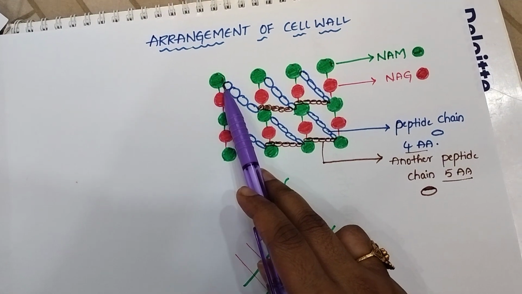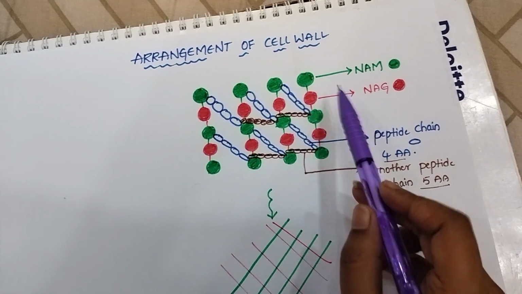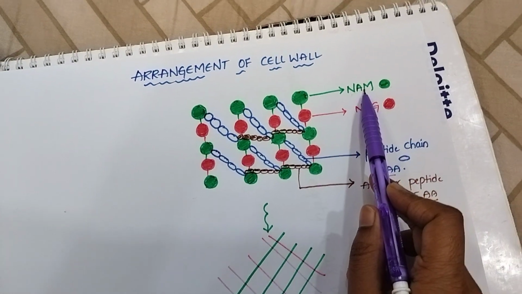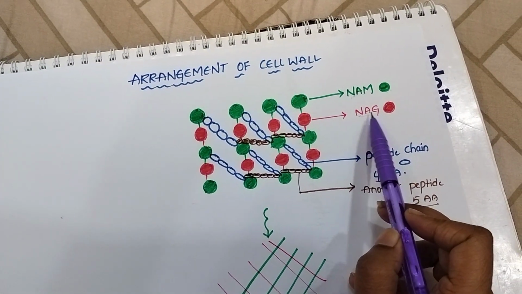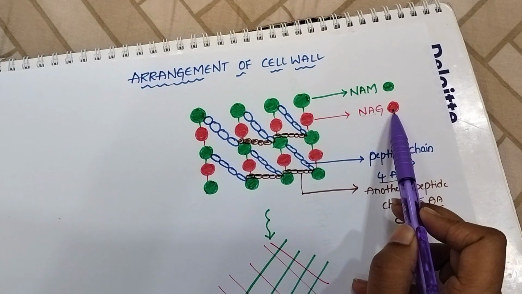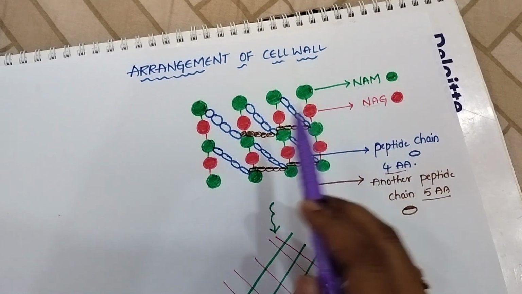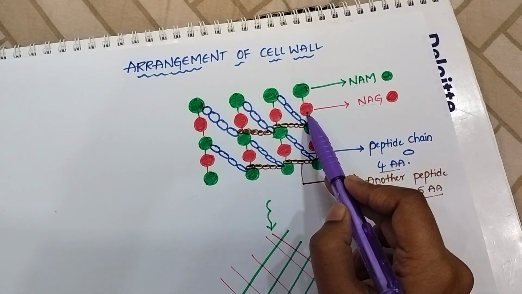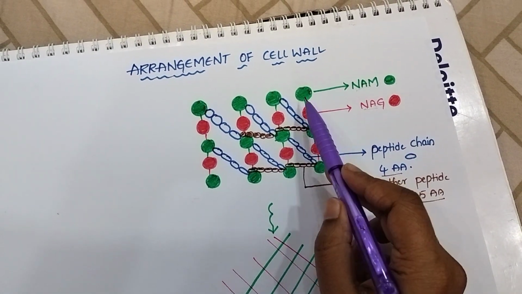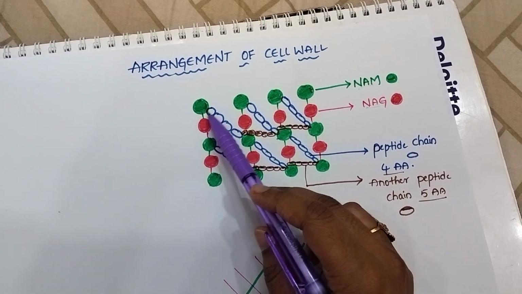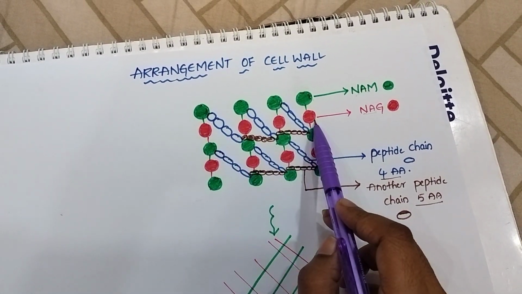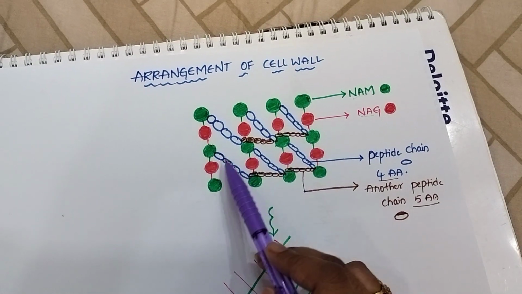These are the NAM, indicated in green color, which is a carbohydrate, and another carbohydrate called NAG. These two carbohydrates are arranged in an alternating way. If you observe here, NAM is present in one row, and in the alternate row NAG is present, and again NAM, NAG.